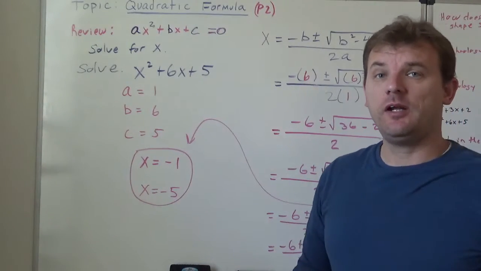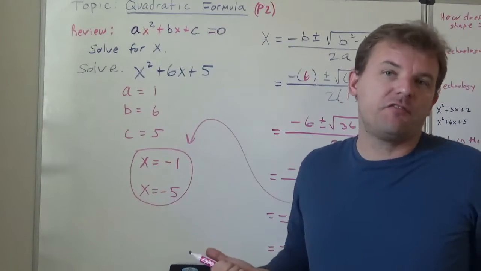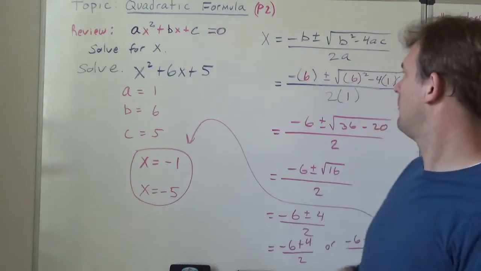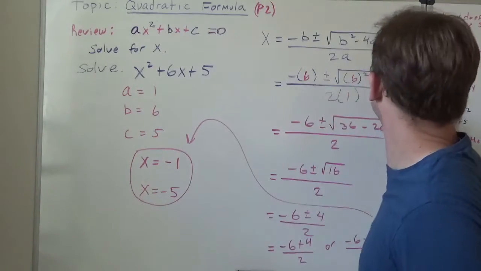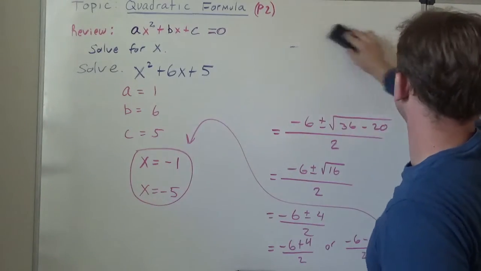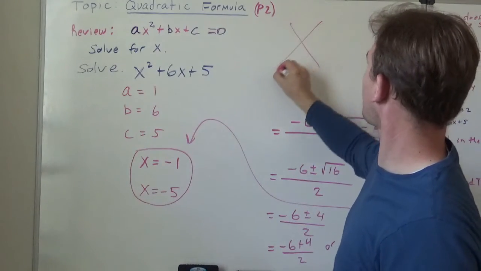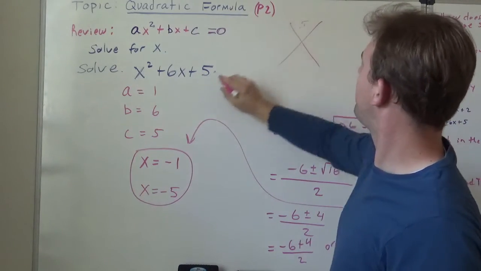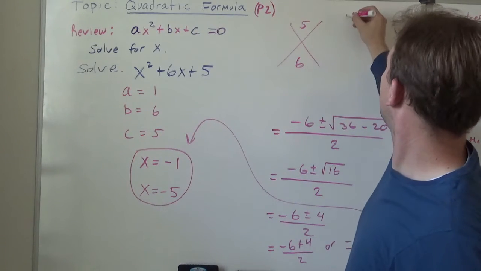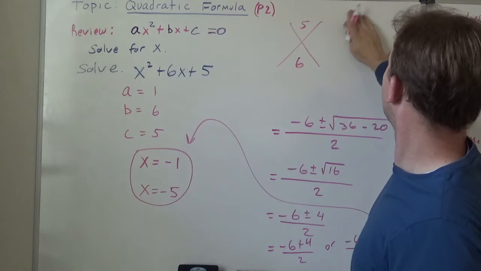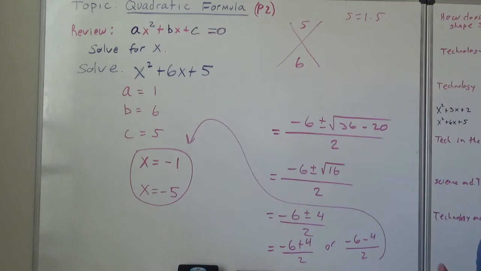What if you didn't believe me? You can plug this back in. You can also factor it old style without using this. So let's factor it old style. Let's see if we get this. Diamond. We have a 5, we have a 6. 1 times 5 is it.